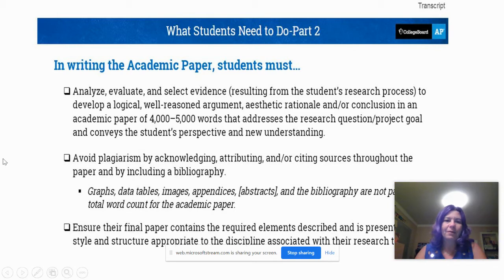After that is done, we will start with the analyzing and evaluating of the evidence and start to synthesize it all together into their essay. We will continuously work on avoiding plagiarism, and we will hopefully make sure that their essay includes all of the components that they need to be successful on that exam at the end of the year.